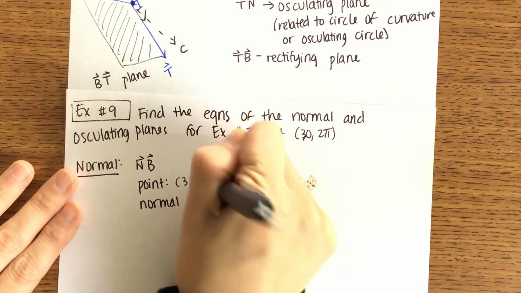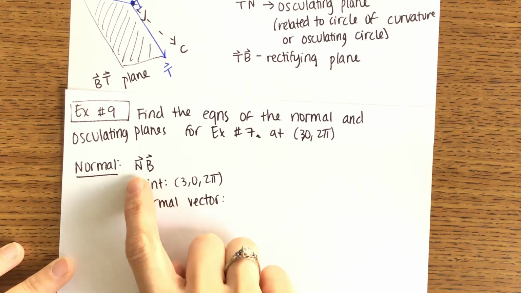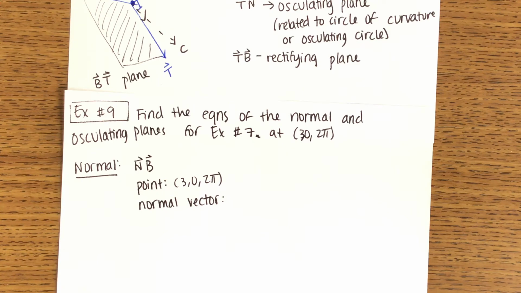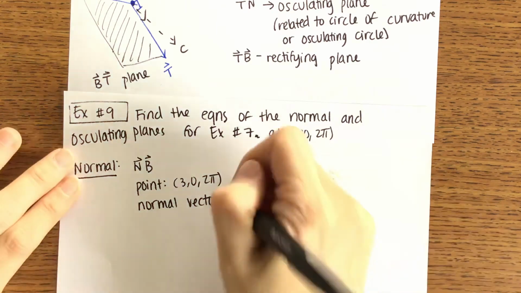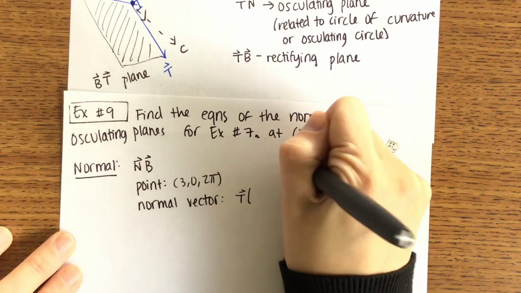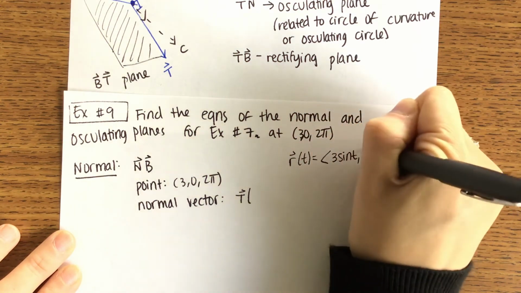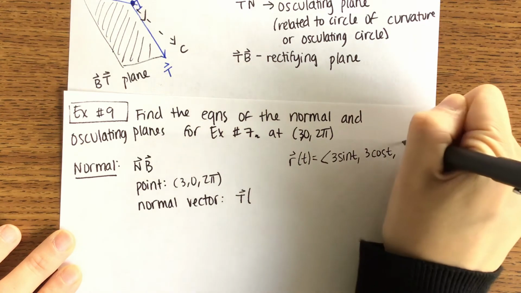Whew. Okay, how do we find the normal vector? A vector that is normal to the unit normal and the binormal vector. Which vector is perpendicular to both of those? The unit tangent vector, yeah. What value am I going to be plugging in? Might be helpful if I reminded us what this is. Did 3 sine come first? Yeah. Okay.